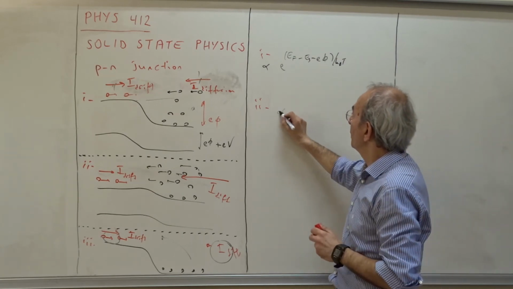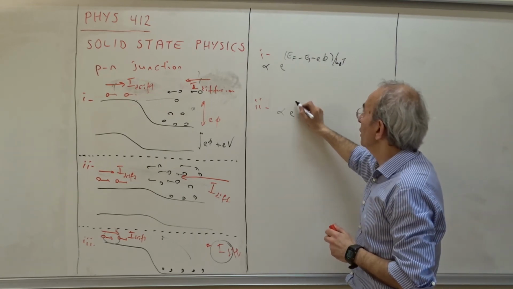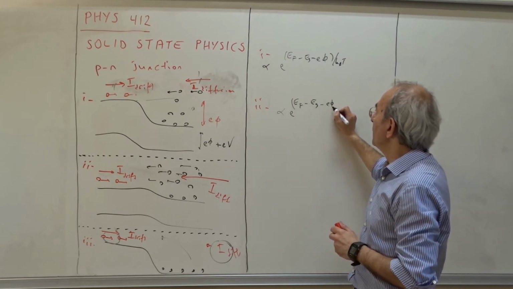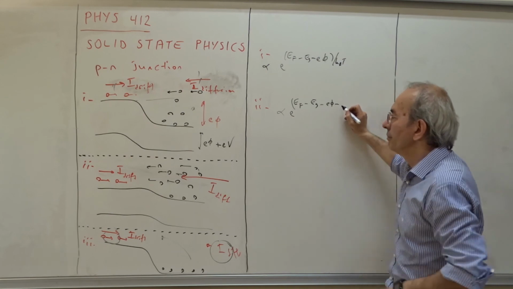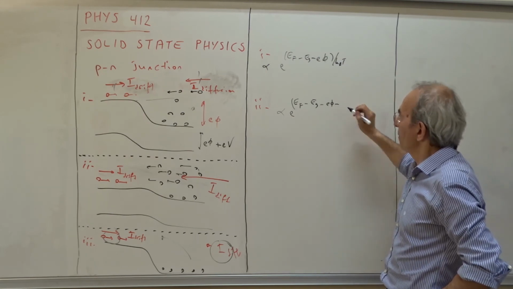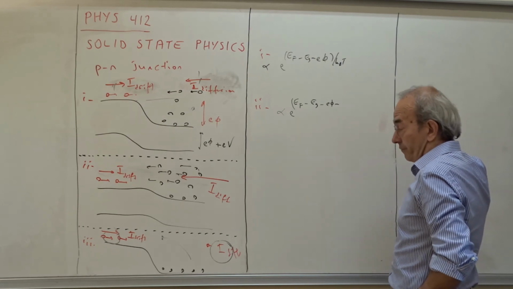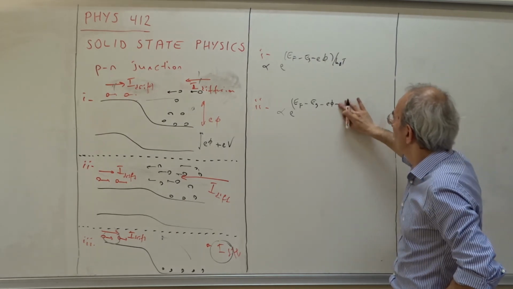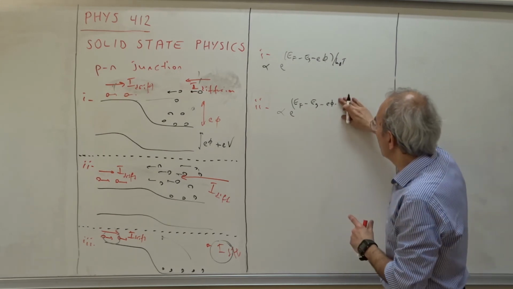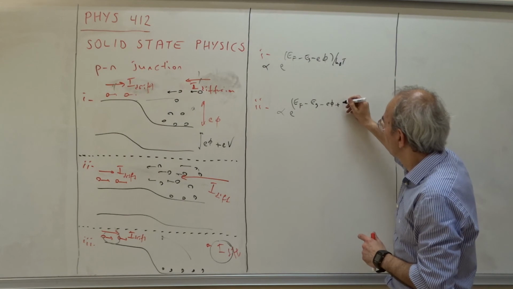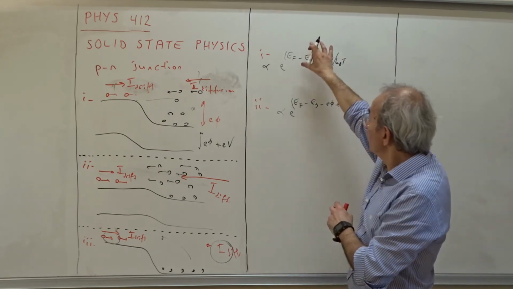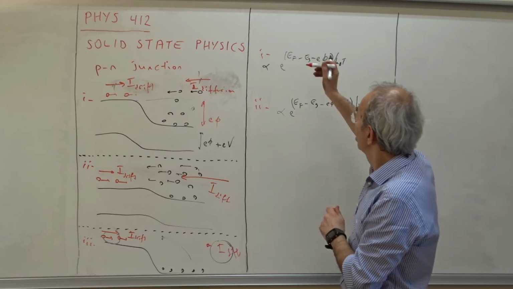In this case, we have something proportional to e to the EF minus EG minus E phi minus EV over kBT. In other words, it is the same function here.